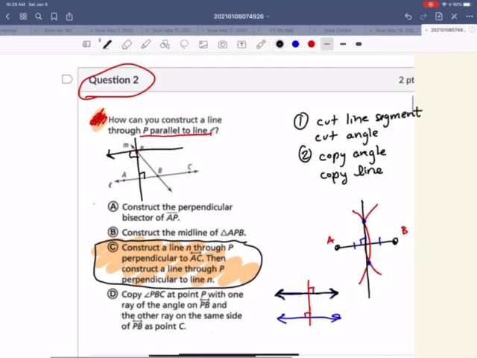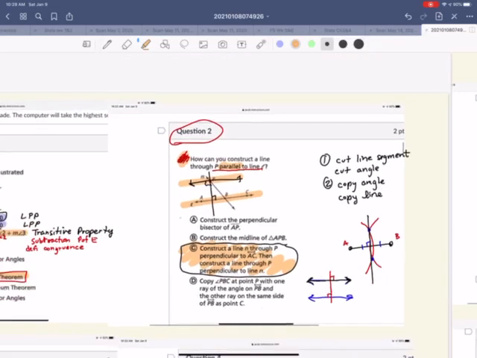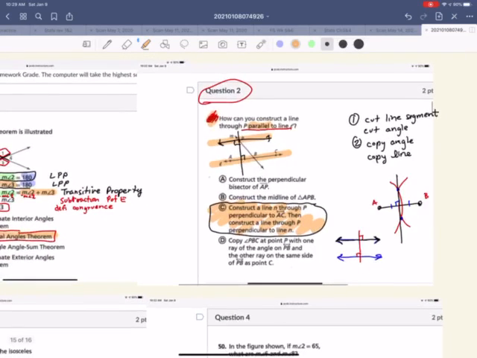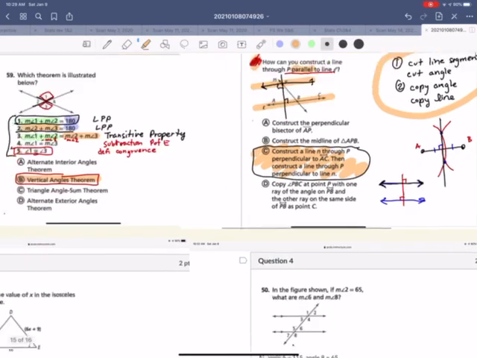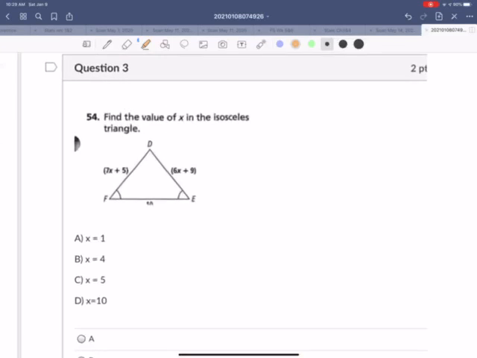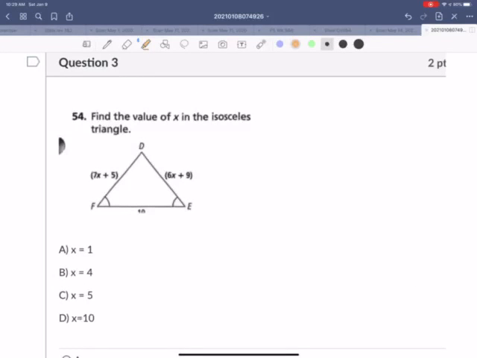And voila, I'm going to have 2 lines that are parallel, which is what I want, at P. It's pretty cool. Using just the tools that we've learned. This isn't a new construction, it's just using some of the other constructions on top of each other. Okay, so question number 3.